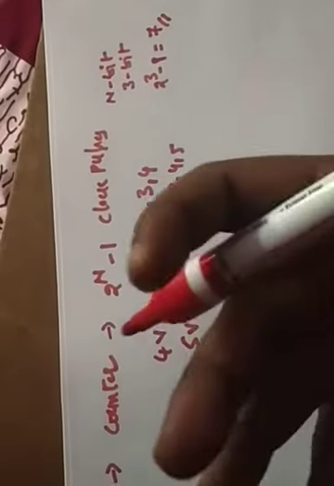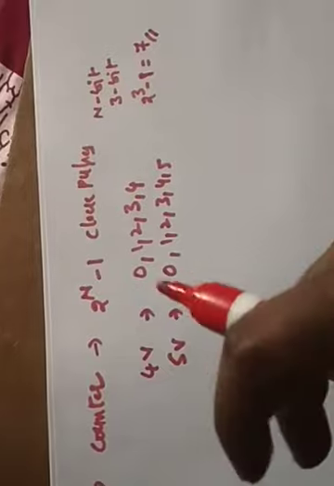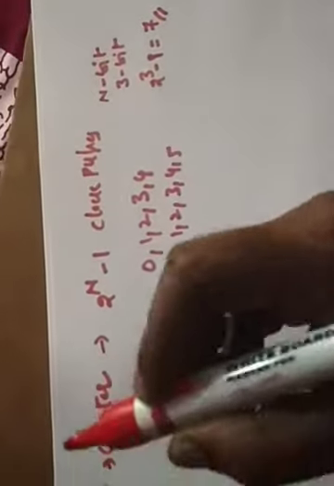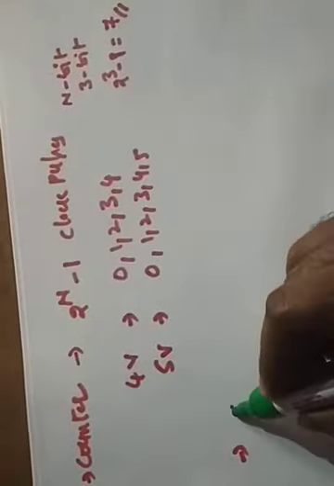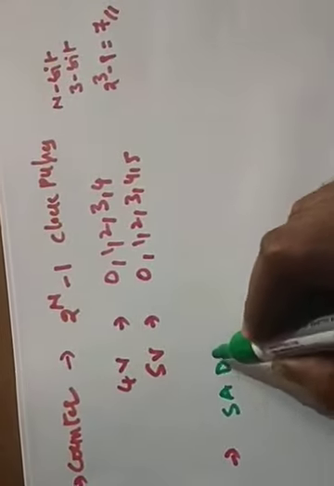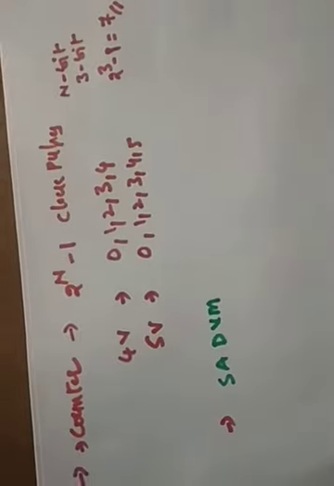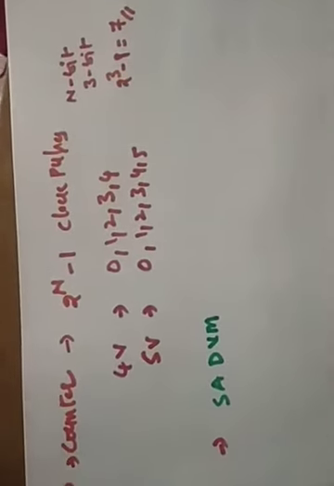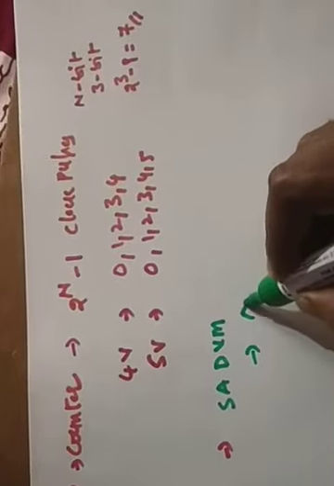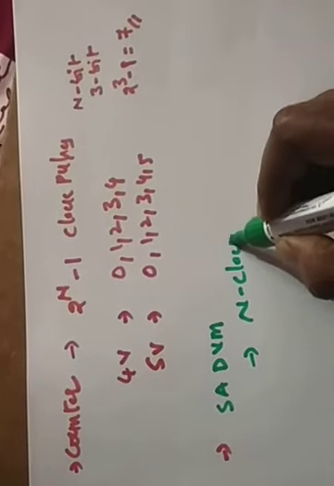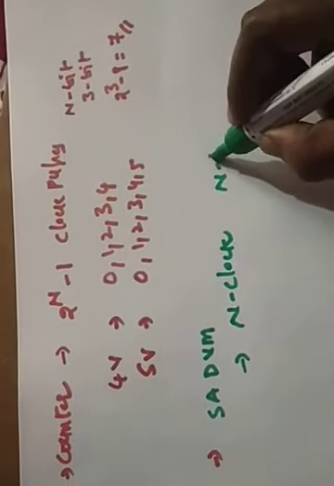So in order to avoid the drawbacks of the counter type, there is another DVM called the successive approximation type DVM. In this DVM, how many clock pulses are required? Only n clock pulses, where n is the number of bits.